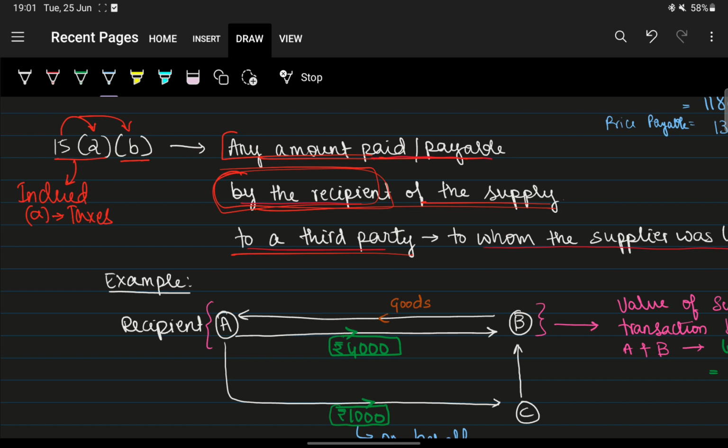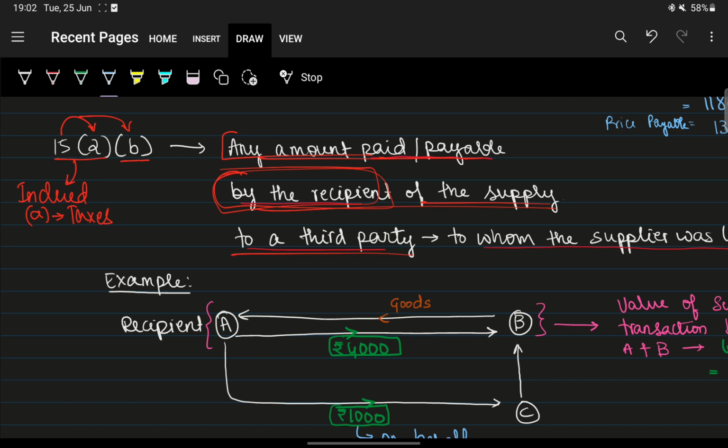It is not only goods or only services, it is both. Any supply.